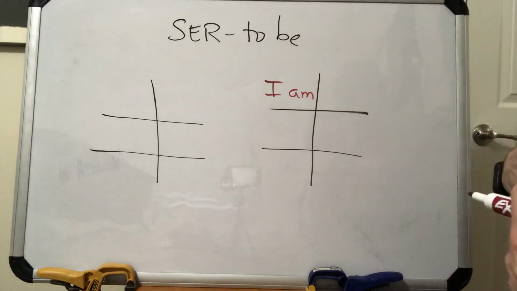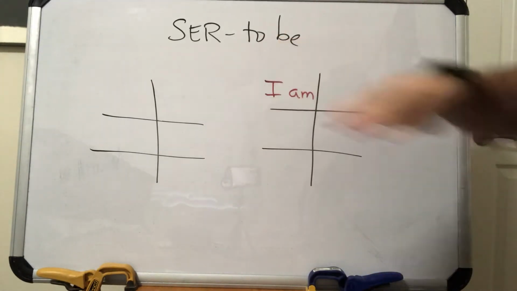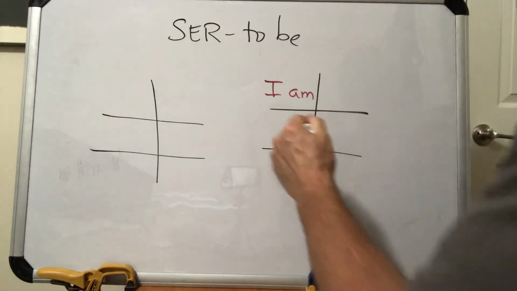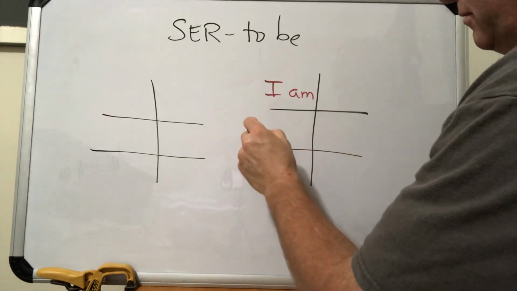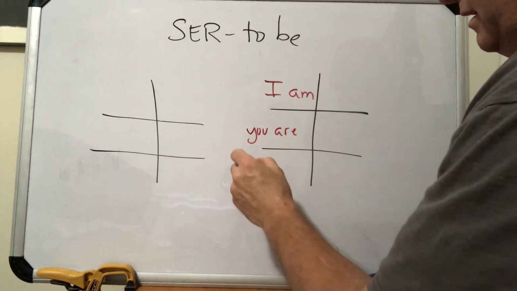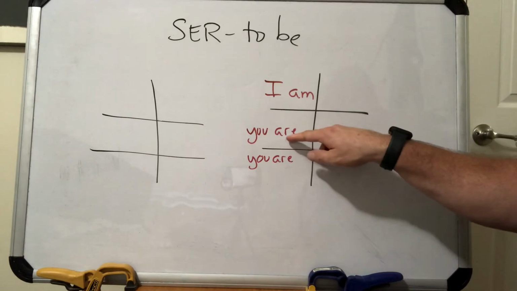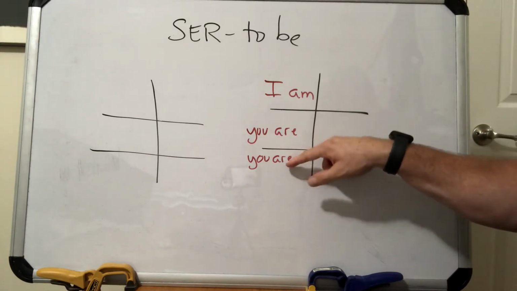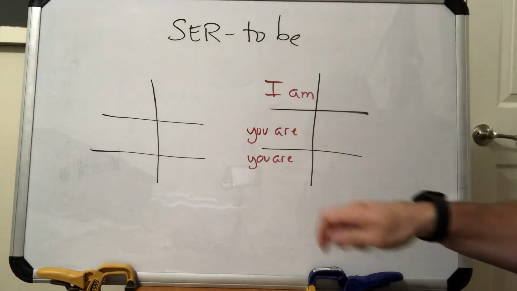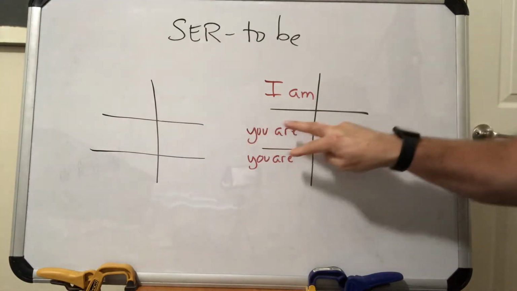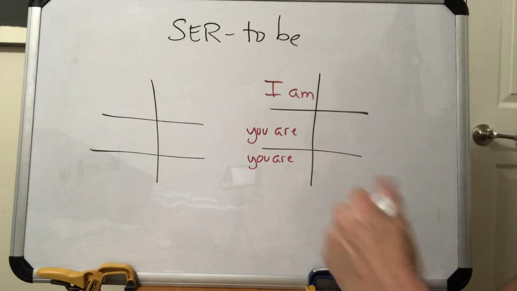That's if I'm talking about myself, using this infinitive phrase to be. I don't say I to be, I say I am. You are. And since we don't use the old-fashioned way, thou art, we just say you are for both ways, because if they use one or the other in Spanish, we'll still translate them to you are.